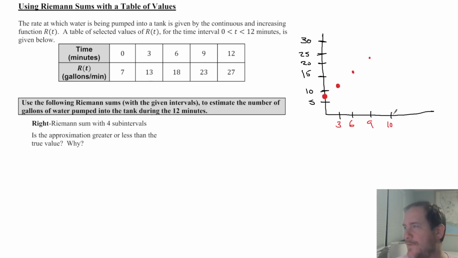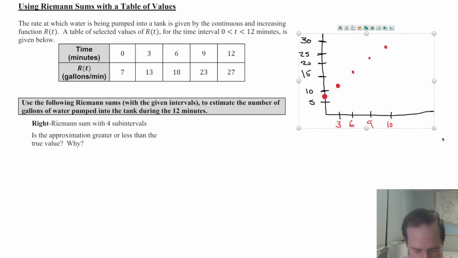And then 12 gives 27. So you're going up to about here. And then looking at these 5 data points, they all lie pretty nicely on a straight line. So if I did my trapezoidal approximation method, I would probably get an answer that's really, really close to the truth. But we're being asked to use right-hand Riemann sums first. So before I do that, let me just save this handy drawing so I don't have to do it over and over again.